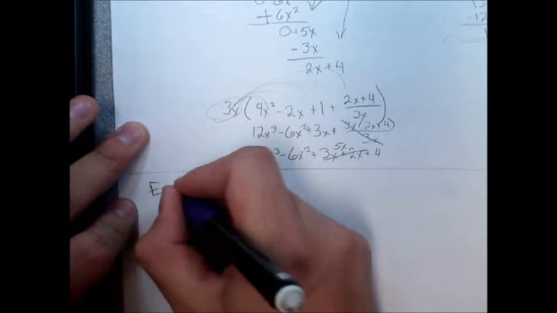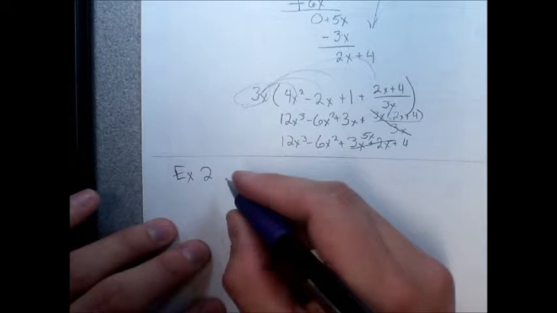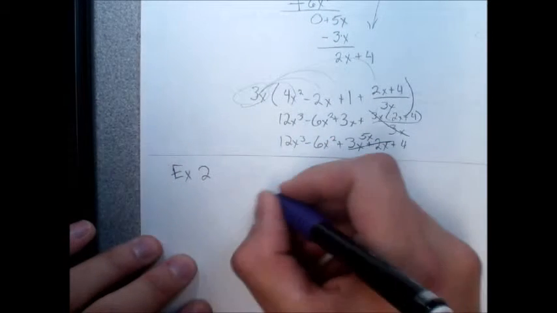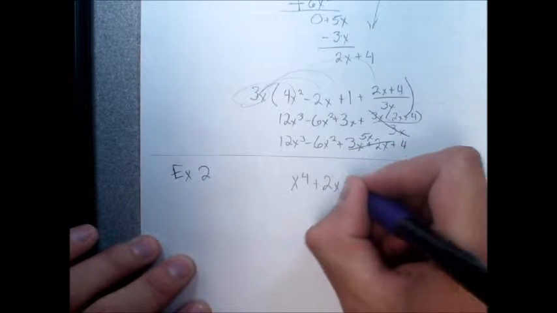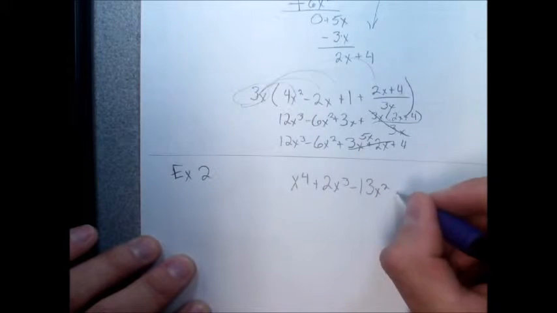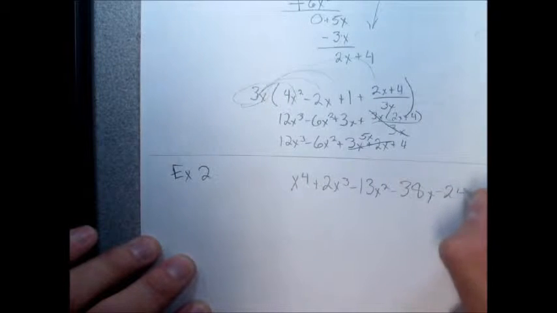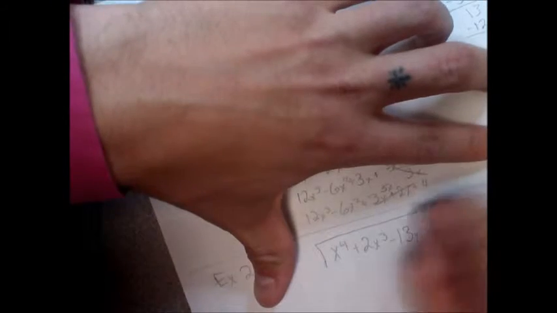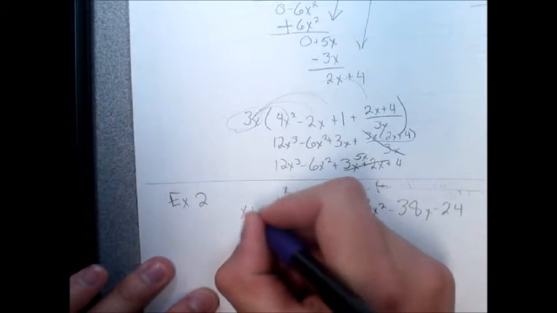Example 2. Okay, this is dividing polynomials. So that just means we're dividing two things with multiple terms. So here they say you want to take x to the fourth plus 2x to the third minus 13x squared minus 38x minus 24, and we want to divide that whole thing, should have made that smaller, by x plus 4.